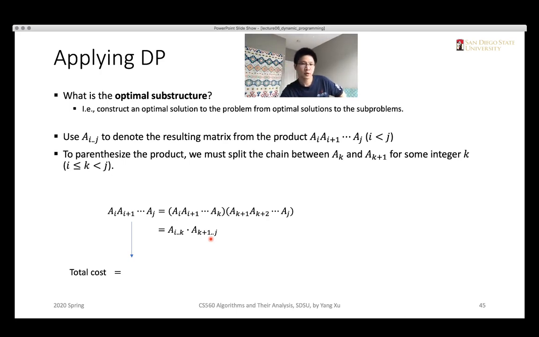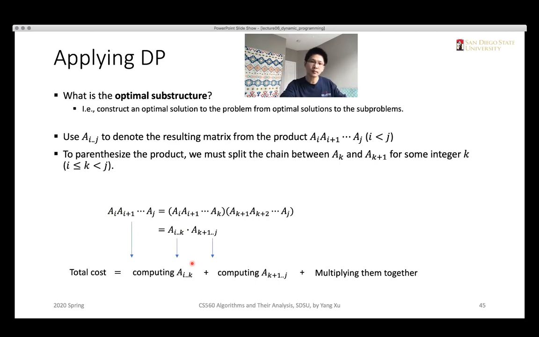So the total cost of doing this chain is the summation of the cost of computing A subscript I to K, plus the cost of computing A subscript K plus 1 to J, and the additional cost of multiplying these resulting two matrices together.